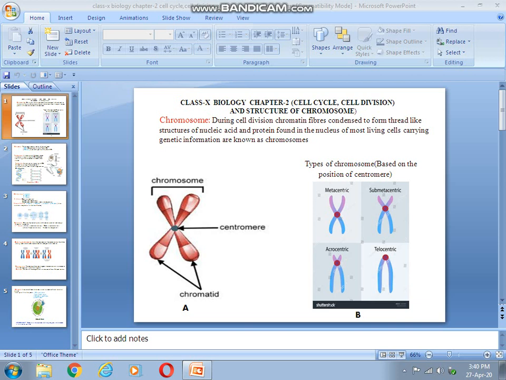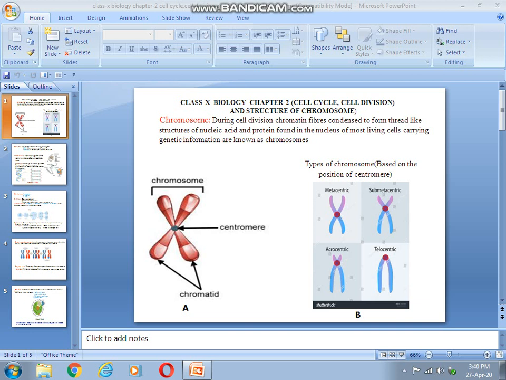Actually, all higher animals and plants have diploid number of chromosomes. Diploid means double set of chromosome, which is written as 2n. These things will be more clear in genetic chapter. Now, so paired chromosome, 23 pairs of chromosome. That means two sets of chromosome.